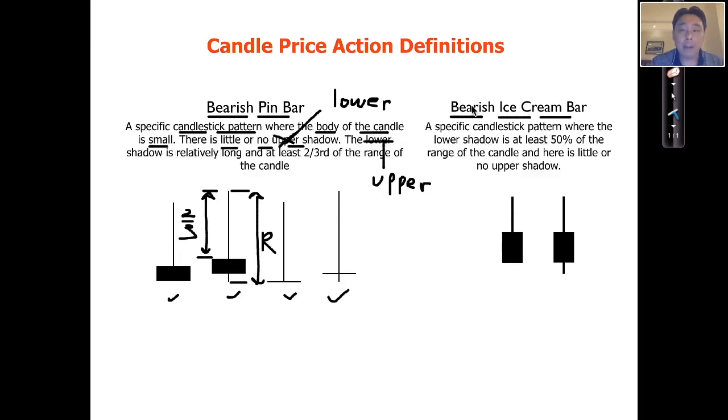Now, similarly, the bearish ice cream bar is a candlestick pattern where the upper shadow is at least 50% of the range of the candle. So again, notice that the upper shadow makes up half of the range, okay? And there's little or no lower shadow.